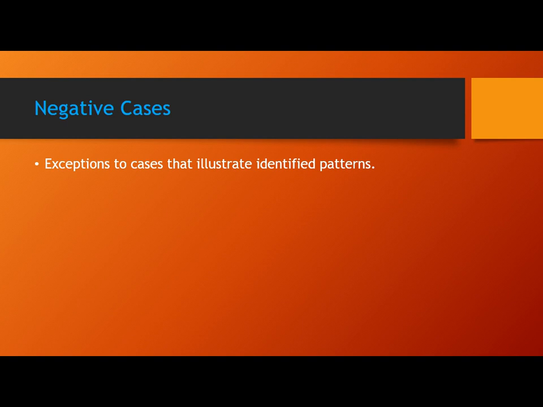Going back to my use of folks who are chronically mentally ill, or severely mentally ill and chronically homeless, you may find some consistencies in patterns of behavior, but then find another case of somebody who's doing something totally different or has a different meaning for behavior. That would be what is considered a negative case. It goes against the identified pattern. It's an exception to the cases that illustrate your identified pattern.